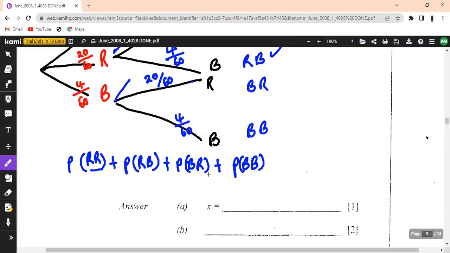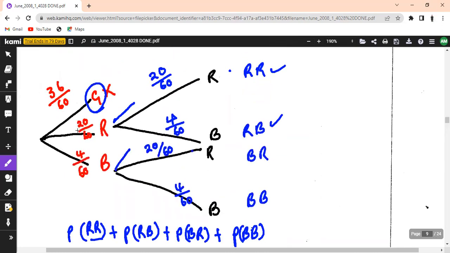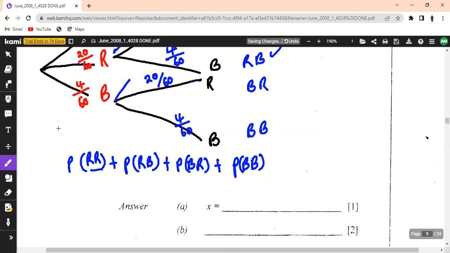Okay, so red, red means we are going to multiply red by red. Since it does not change, it's going to be 20 over 60 times 20 over 60, because this does not change.